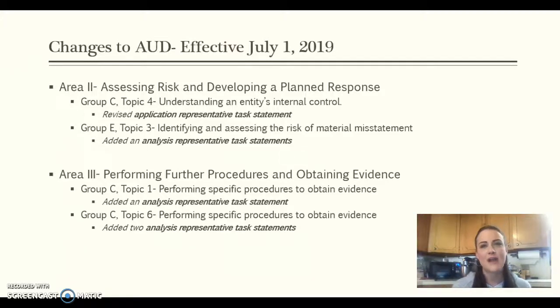I know that they're adding a response that has you investigate evidence that contradicts management's assertions during your audit. And they're also adding an analysis on you modifying planned procedures based on anything that changed during your interview with management, new evidence, or changes in environment.